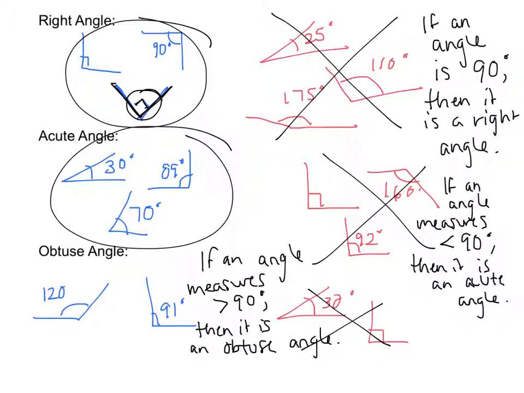Now, how I like to remember this is that since acute angles are smaller, I like to think of them as the cute angles, since cute things are sometimes small, like kittens or mice, I don't know.